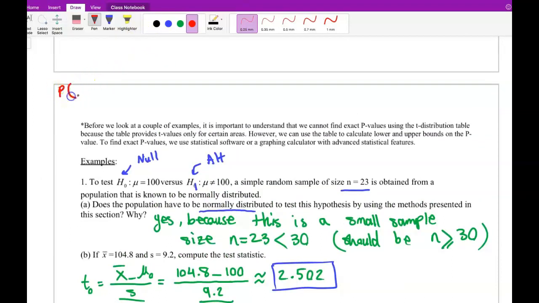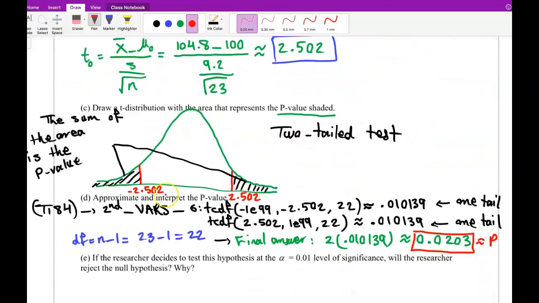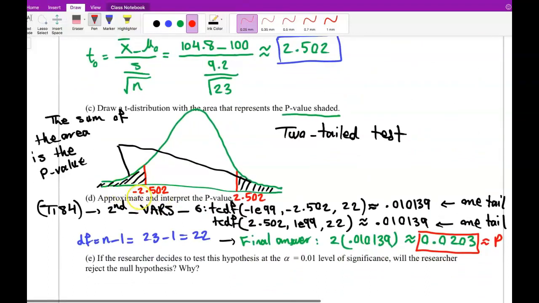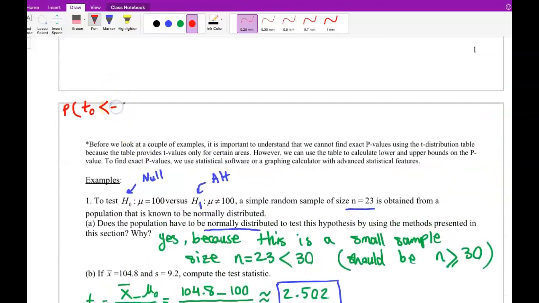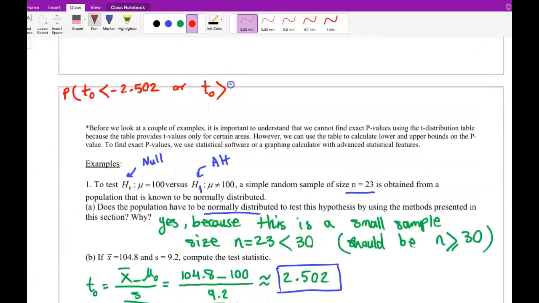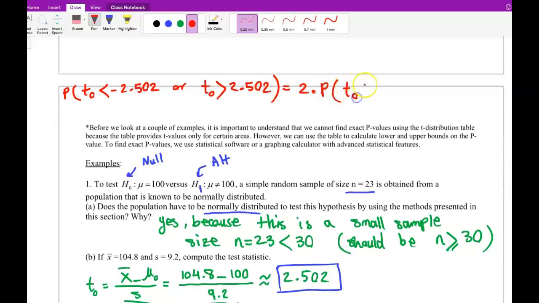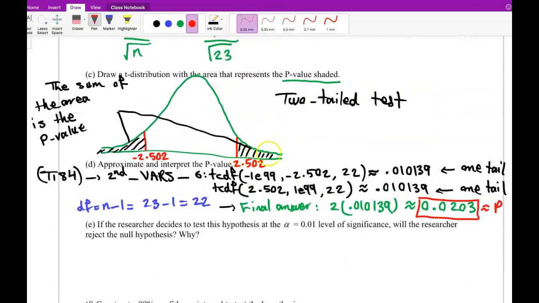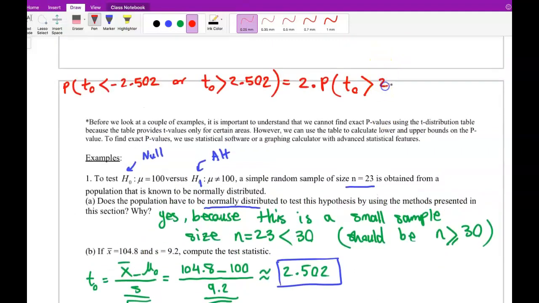When we want to find the p-value for when t is less than a value, for example, here we used t less than negative 2.502, or when t is greater than 2.502, this is equal to 2 times when t is greater than 2.502.